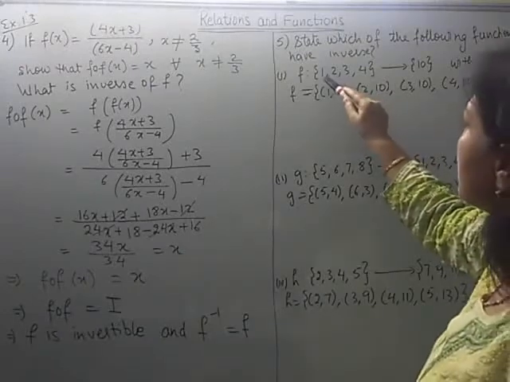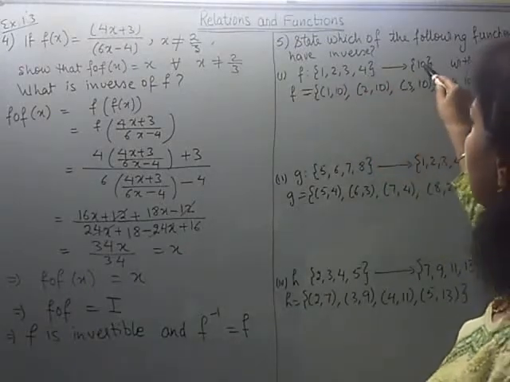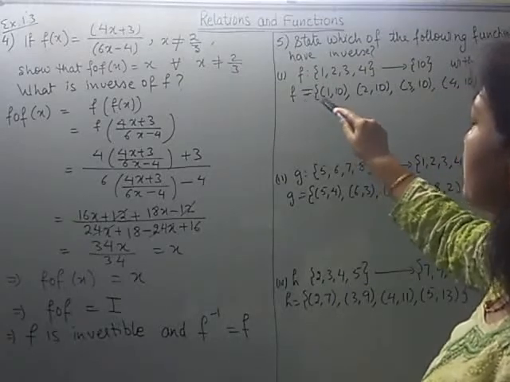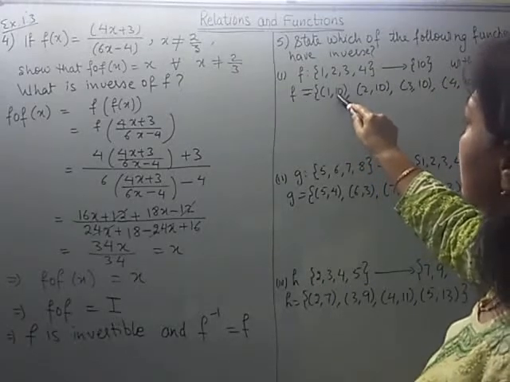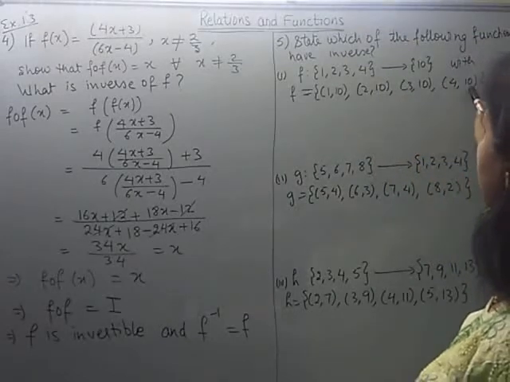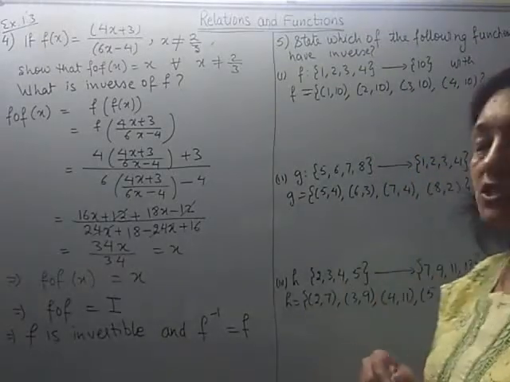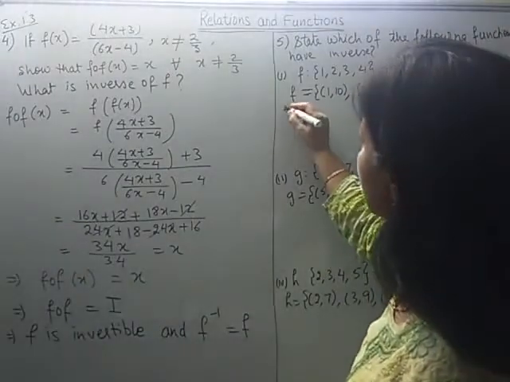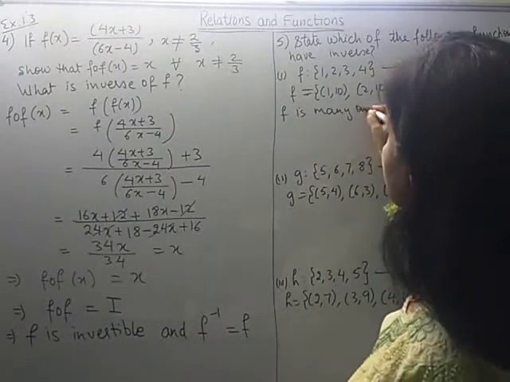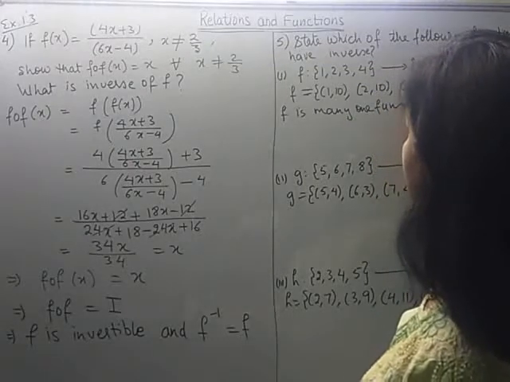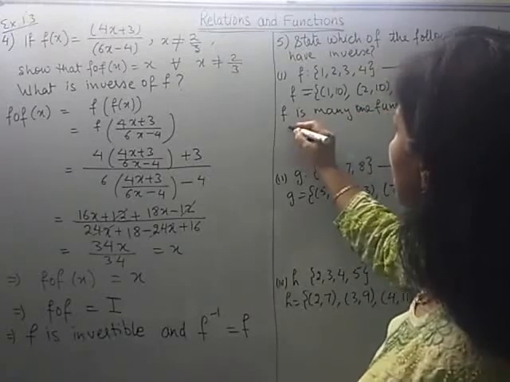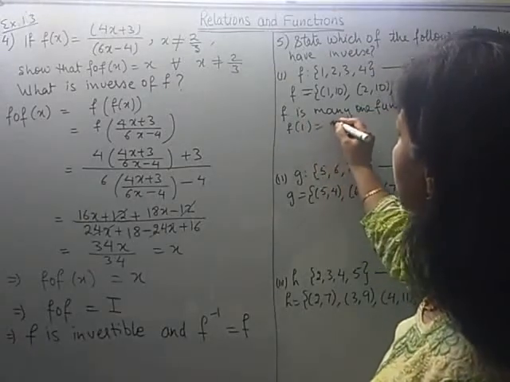So you can find f is having 1, 2, 3, 4 in the domain and 10 in the codomain. And see how the pairs are being defined. F is having, 1 is having image 10, 2 is having image 10, 3 is having image 10, 4 is also having image 10. So what do we see here? F is a many one function, with many elements in the domain having same image.